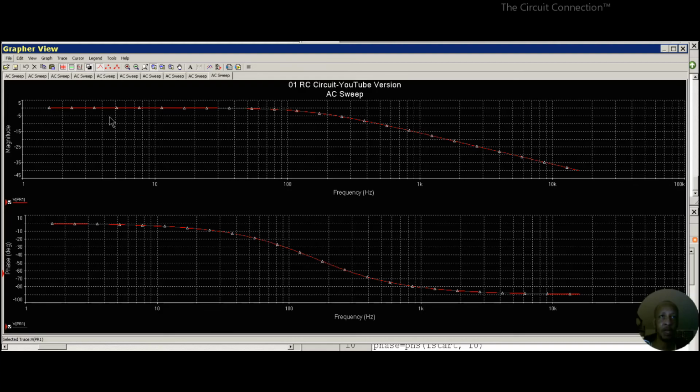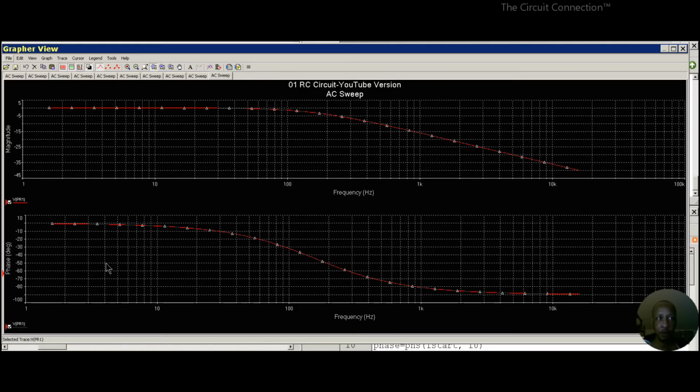It doesn't mean that the output is 0. That's not the case. It means that there is no gain. Anything above 0 is a gain. Anything less than 0 is attenuation. Anything that is at 0 is neither gain or attenuation. It is just the same magnitude as what you put in on your magnitude plot here, and that's all that is.